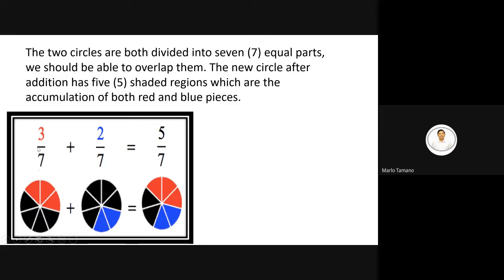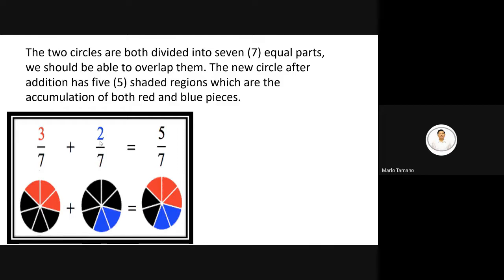Okay? So we all know that a fraction is a part of a whole. So this 3 over 7 is also a part of the whole circle or pie. Plus, we have here another circle which is divided into 7 equal parts. There are 2 slices or 2 regions. That is blue.